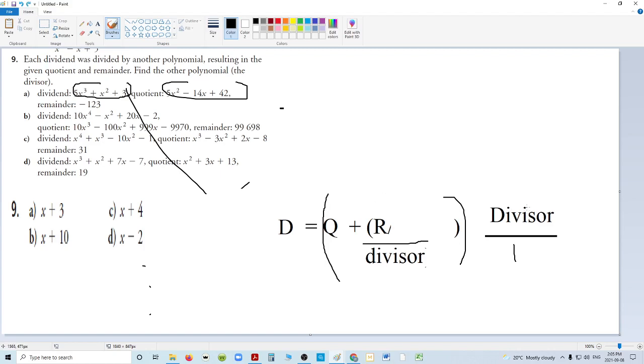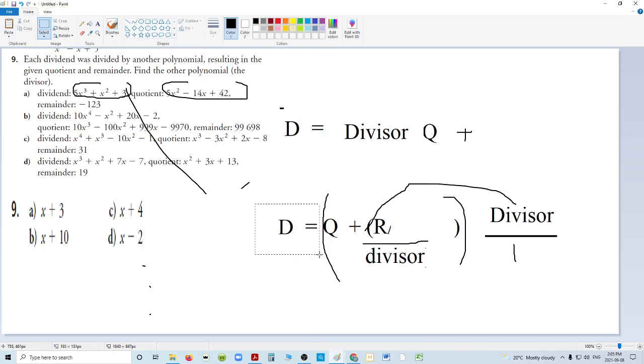When I multiply it by q, I get divisor times q. Remember, we're trying to solve for divisor. And then when I multiply it by this next thing, it becomes plus. And remember that d is equals on the left. Or that's dividend, not divisor. Remember, we used d for divisor.